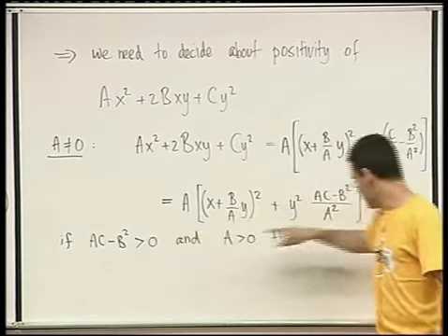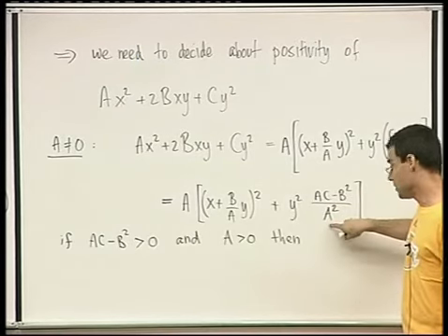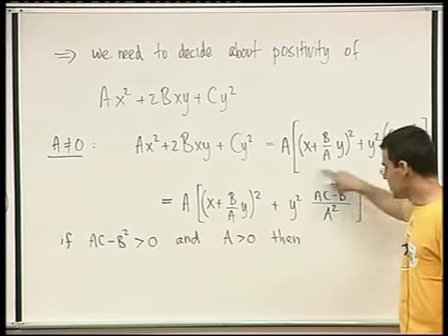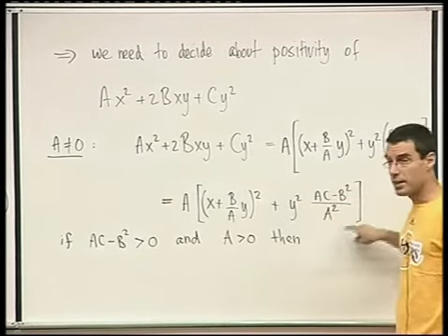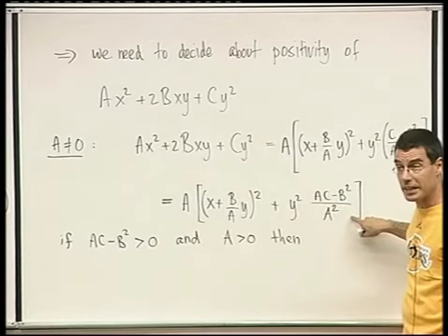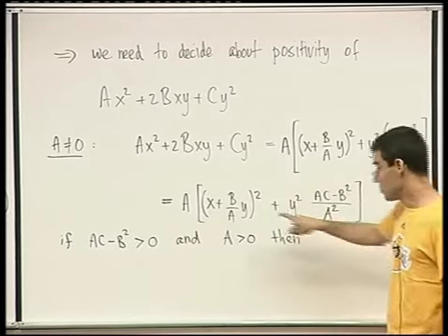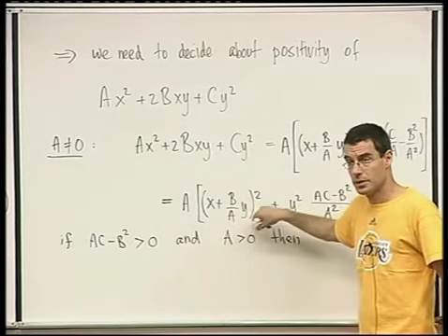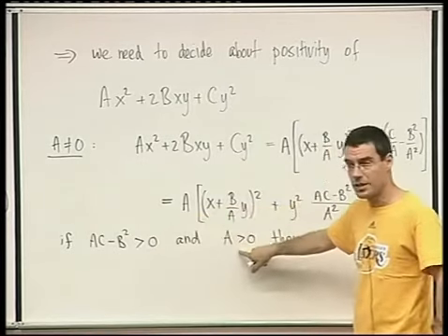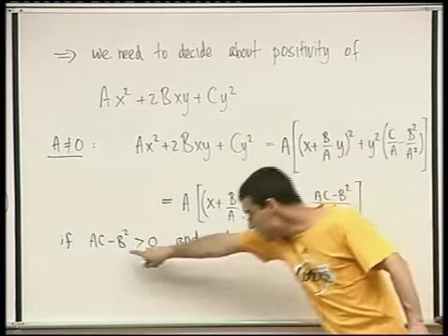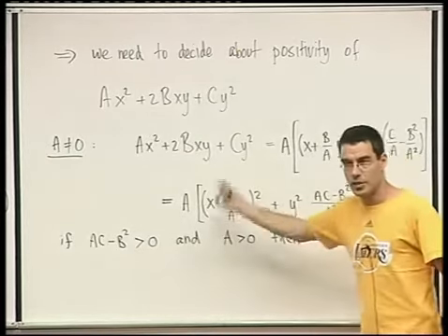If ac minus b squared is positive, this is positive, I'm dividing it by something squared, this is positive. I'm multiplying by something squared, the entire thing is positive, or at least non-negative. Do you agree that this entire term is non-negative? So is this, because this is always squared. And I'm multiplying the entire thing times a, but a is also positive. So if these two things hold, then the entire expression is non-negative.